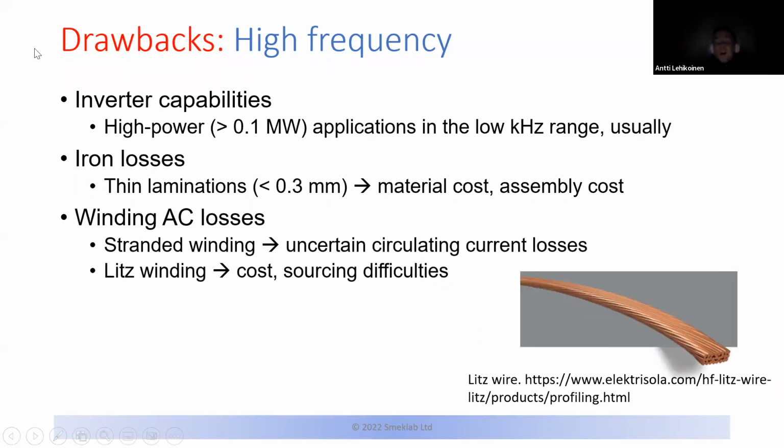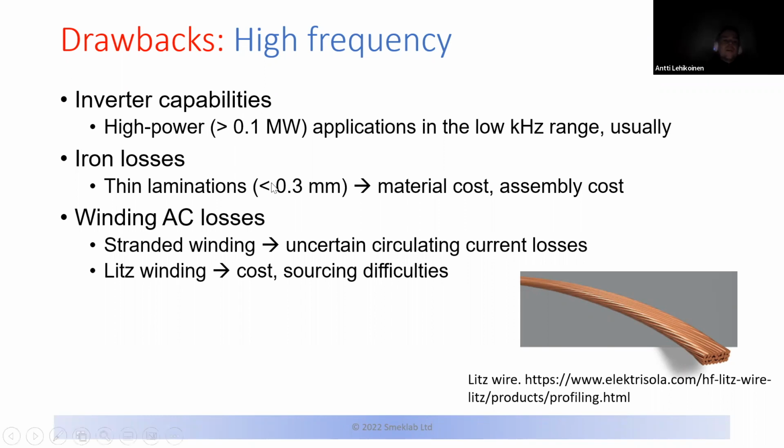Finally, I mentioned that high RPM usually leads to high electrical frequency. It also has its own issues. You have to be able to supply the machine somehow with an inverter, and nowadays they are usually limited to 1 or low kilohertz range for high power applications.